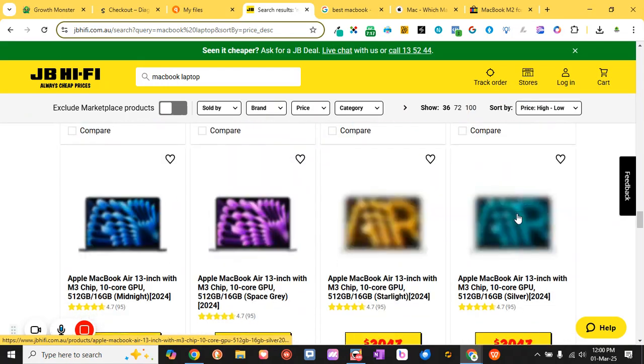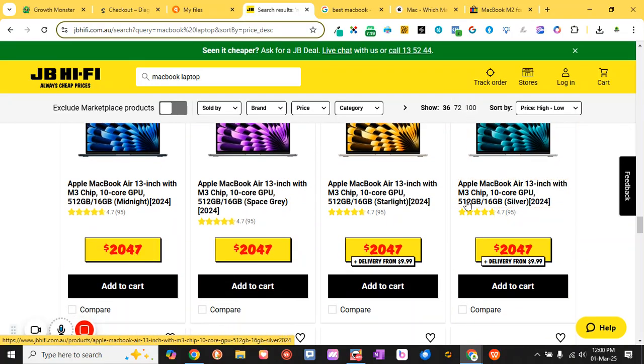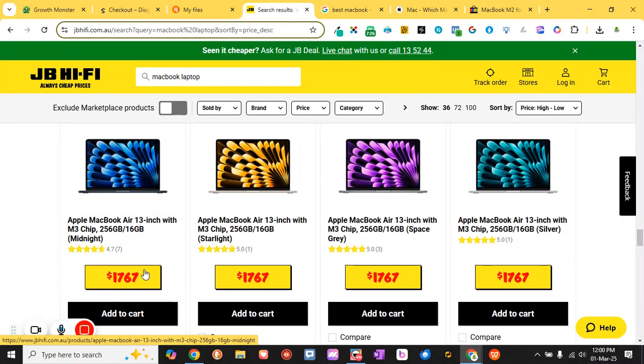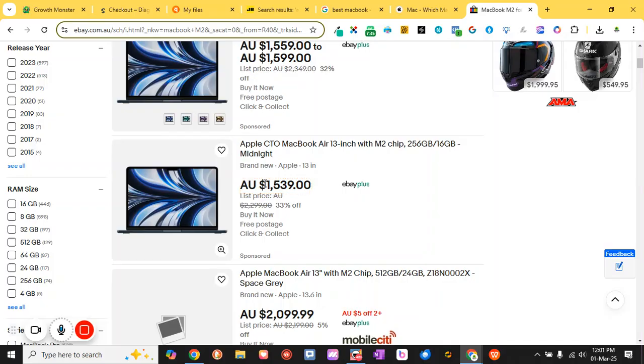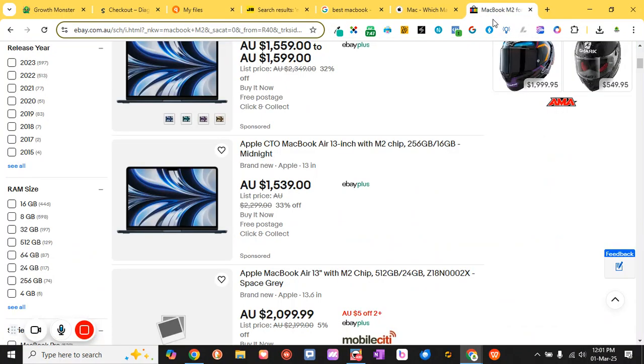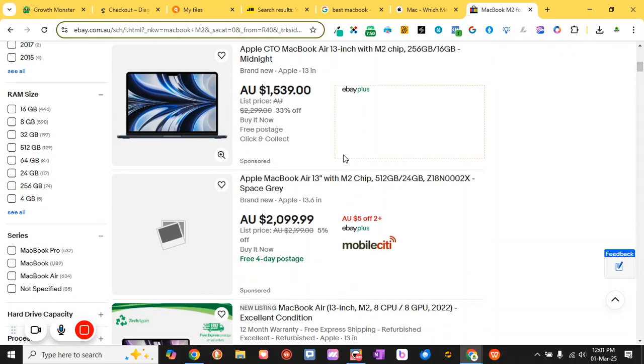Okay, so here they are: 1767 and 1538. So not much difference at all, a couple hundred dollars between them, but I'd say these computers would probably perform pretty similarly.